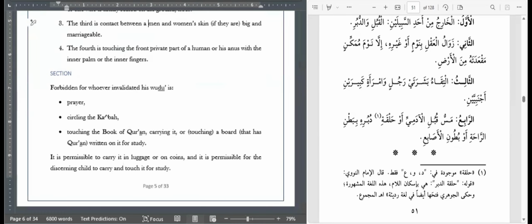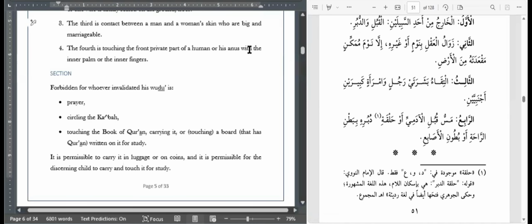Between a man and a woman's skin, who are big and marriageable, meaning that man and that woman, both of them are big and marriageable.